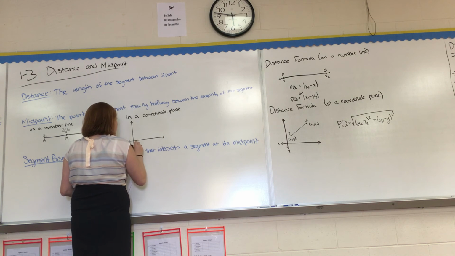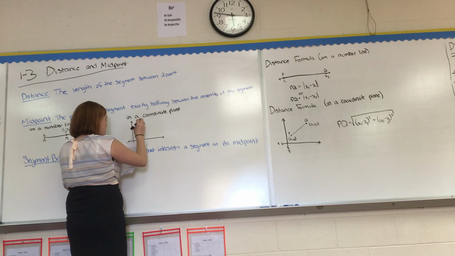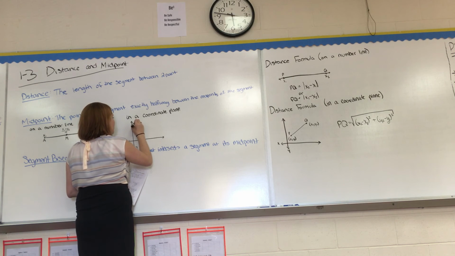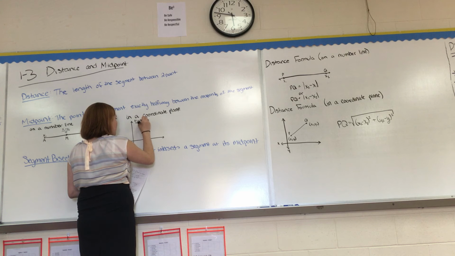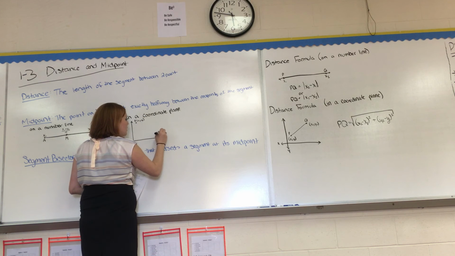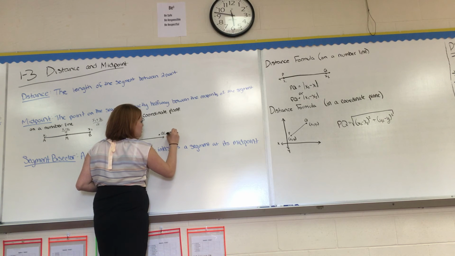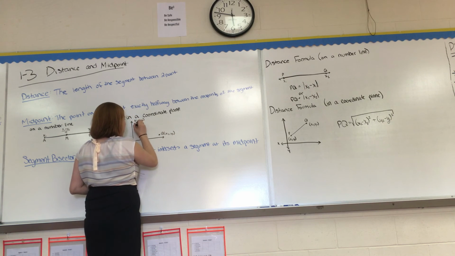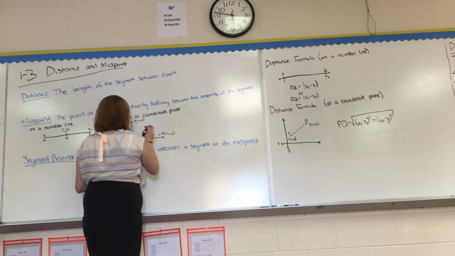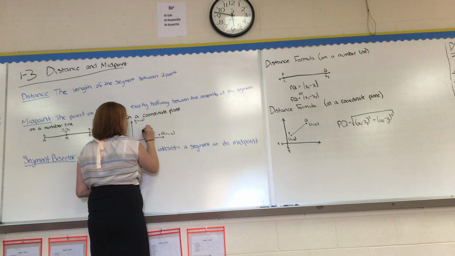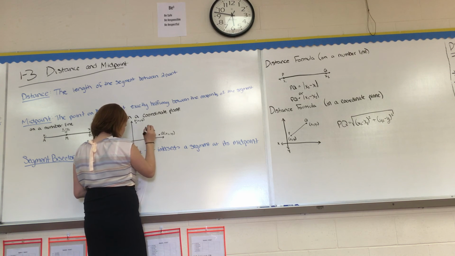X, Y, okay? Now we're going to put point P here, and this is x1, y1. And we have point Q down here, and this is x2, y2. And we have our midpoint, we're going to put it about there, okay?